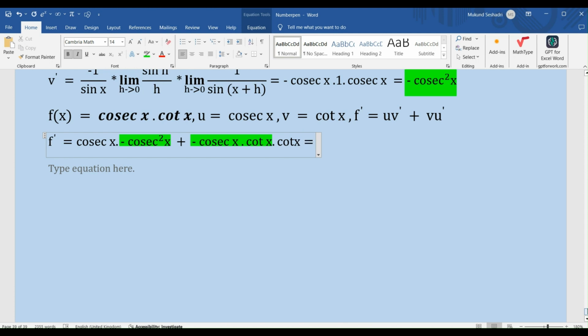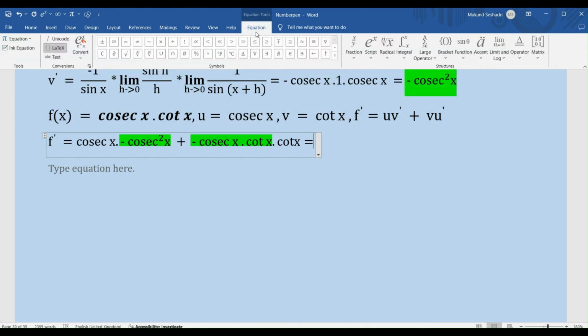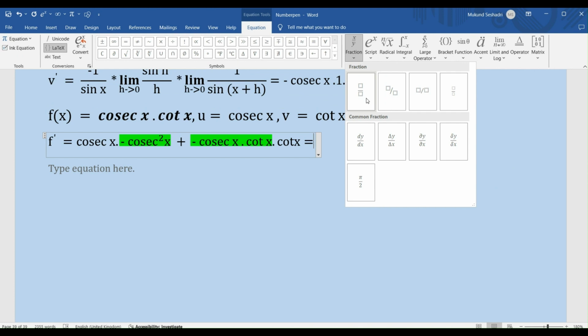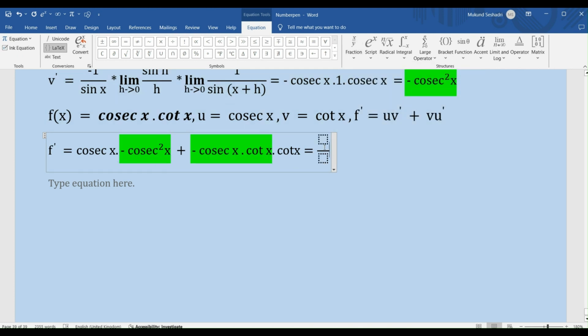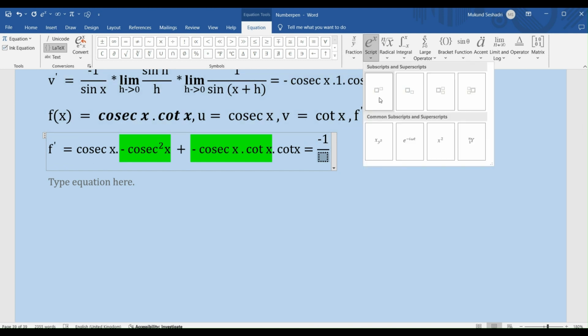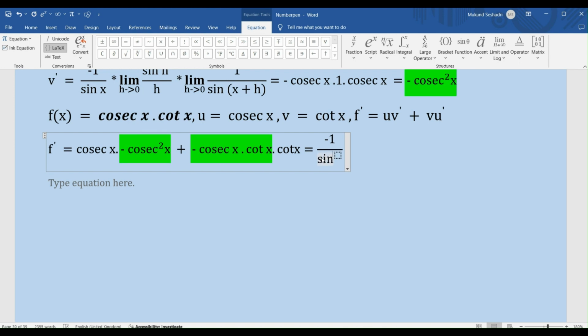So again, I'm going to express this in the form of sine and cos and see if it is possible to further simplify this, right? Now, what is my cosecant x into minus cosecant square x? It is nothing but minus cosecant cube x, which is nothing but minus 1 divided by sine cube of x, right? So let's write that out. Then I move to the next expression, still have a minus.